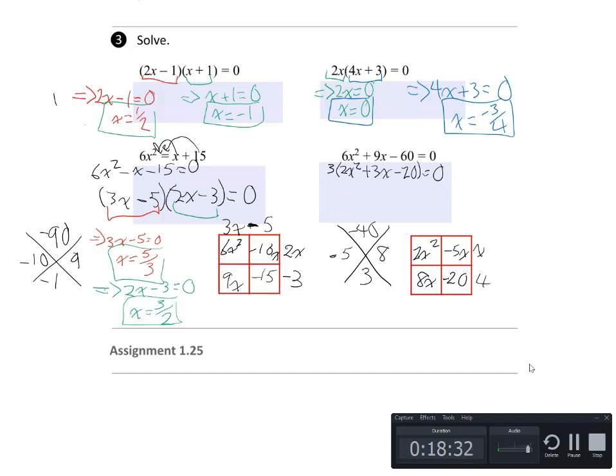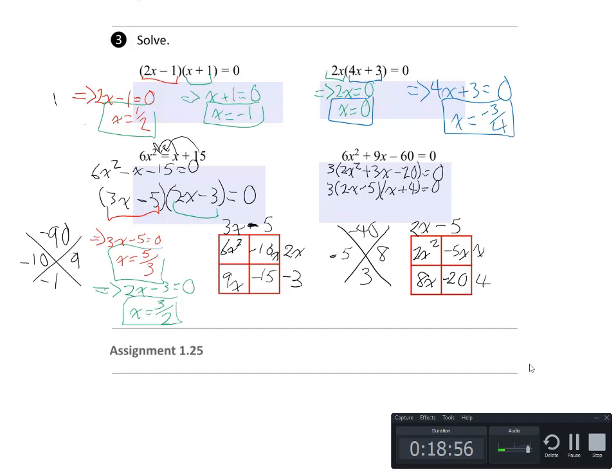And my other common factors, I keep saying like terms, I don't know why, 2x and 5. Okay, so now I'll have this new factored form, 2x minus 5 times x plus 4, because it's positive 4, and that equals 0.